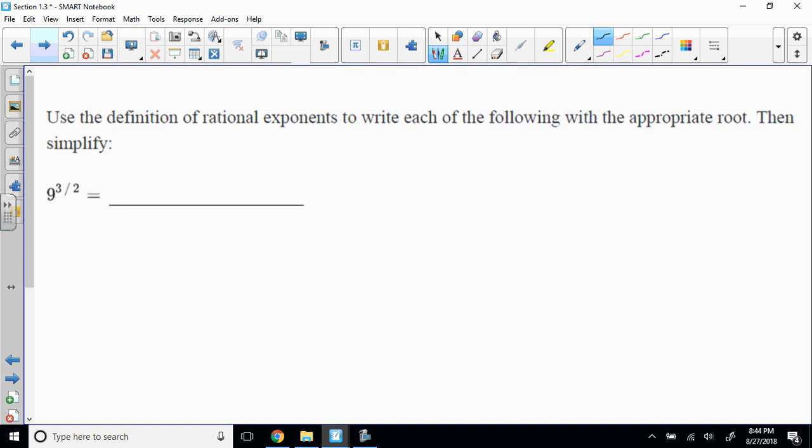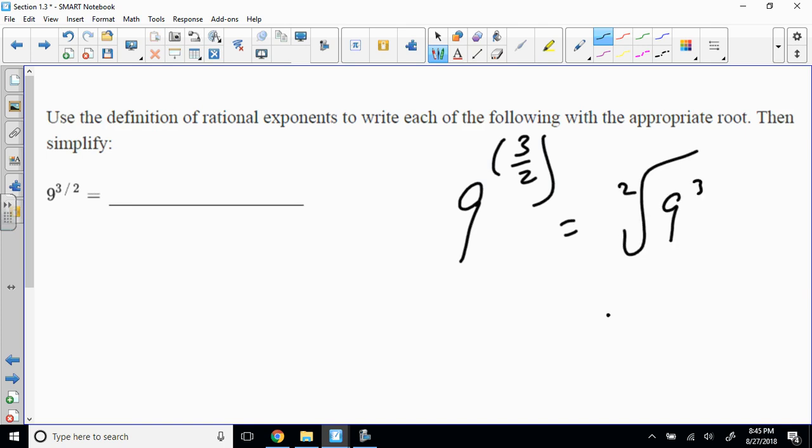Now, you can do this on the calculator. But you can also do it on paper, which is excellent, right? So that's really the square root of 9 cubed, right? Now, sometimes you'll see people do this.